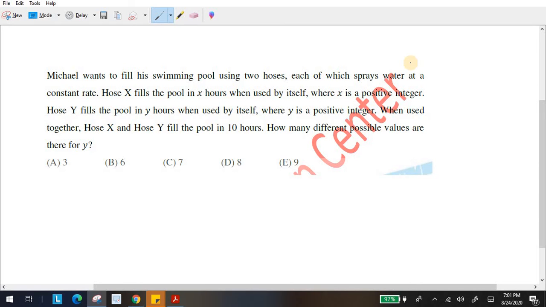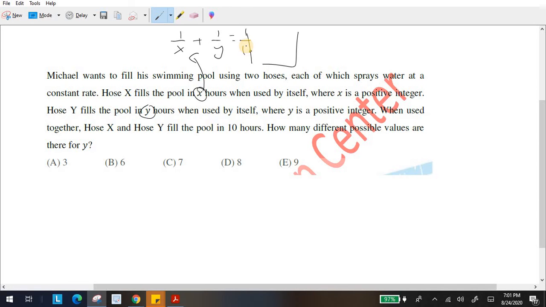Okay, let's suppose for example this is filling in X hours, and this is filling in Y hours. So let's suppose whatever the tank may be, in 1 hour the first will be doing 1 over X. And the second will be doing 1 over Y. And that is going to be 1 over 10 basically.